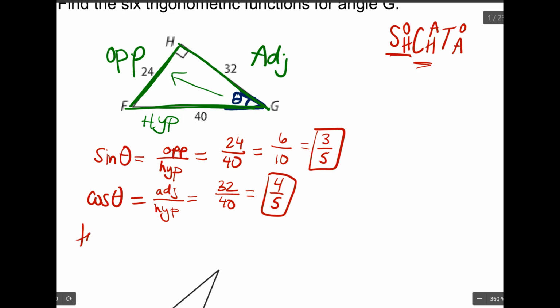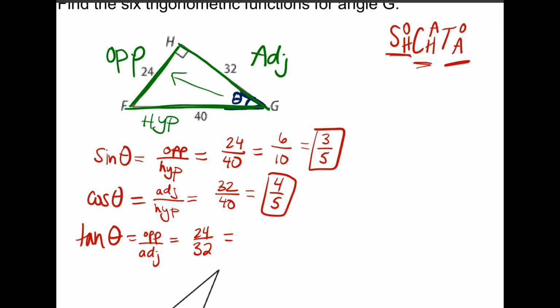And lastly, tangent. That's the TOA part. So opposite over adjacent. So this is 24 over 32. And once again, 8 is a common factor of both. So I divide 24 by 8, I get 3. 32 divided by 8 is 4.